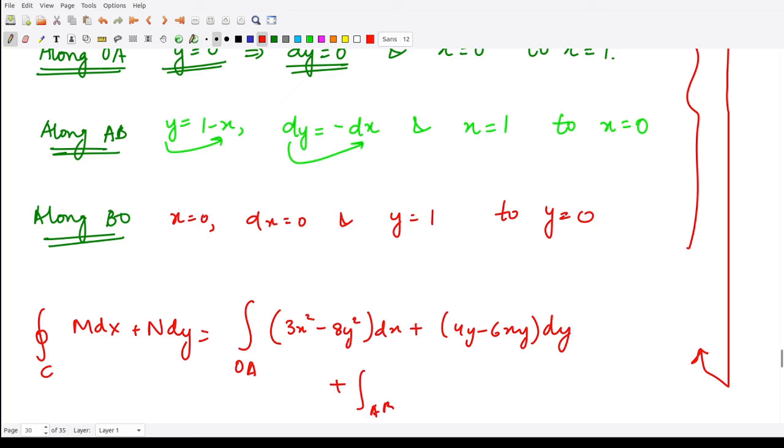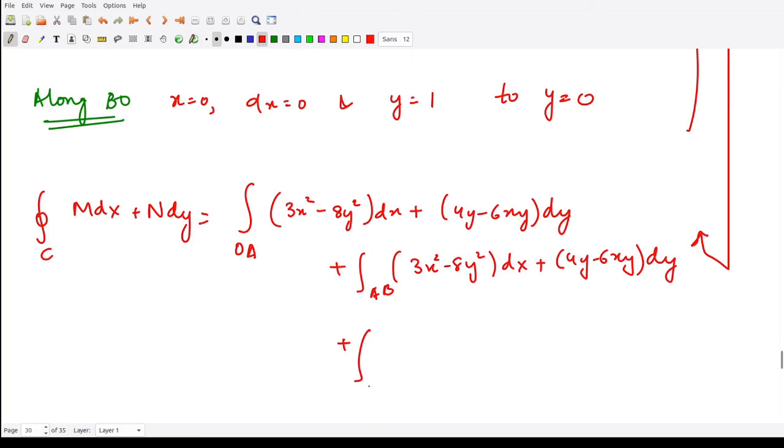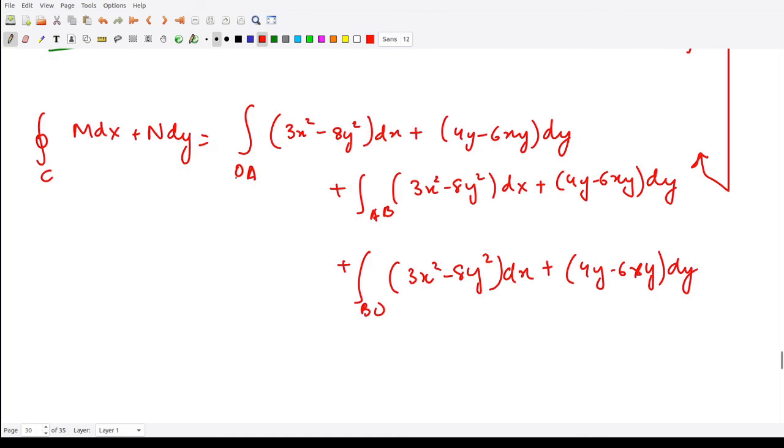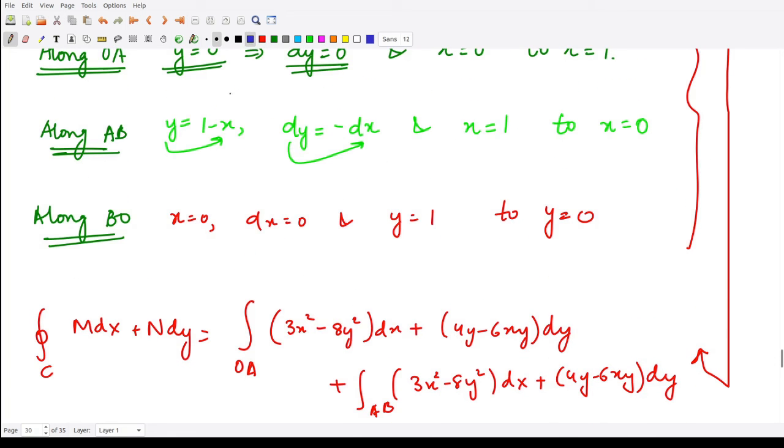For AB we have the same quantity, and for BO we have the same quantity. Right.